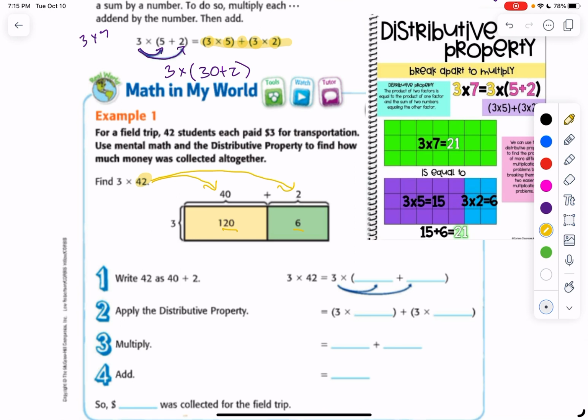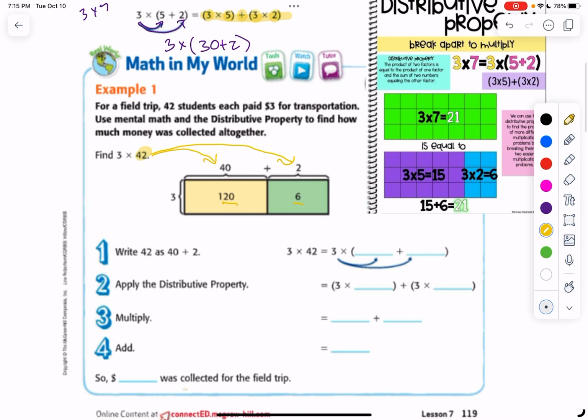But let's catch up with how we write the distributive property. So here we have 3 times 42. That could also be written as 3 times 40 plus 2. Okay? Notice the parentheses. So technically I would read this as 3 times the quantity of 40 plus 2.